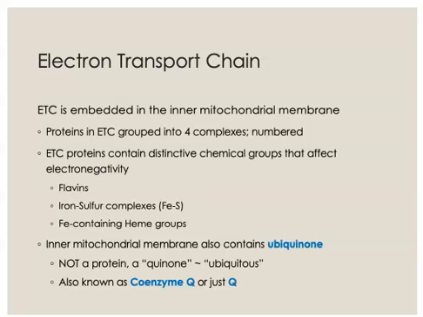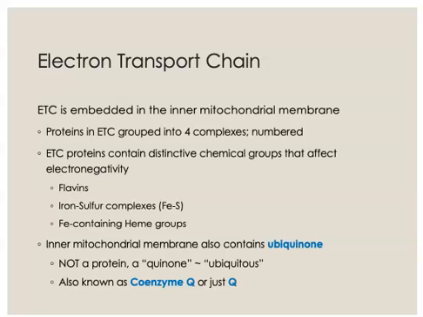The electron transport chain is embedded in the inner mitochondrial membrane, and it's made up of a whole bunch of different proteins that are grouped into these 4 complexes, numbered complexes 1 to 4. These proteins are unusual proteins. They contain very specific, very unusual chemical groups that affect their electronegativity.